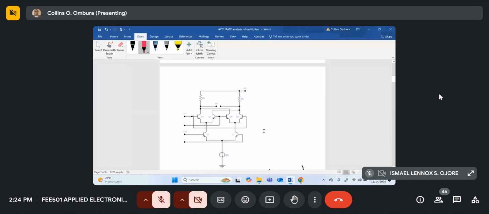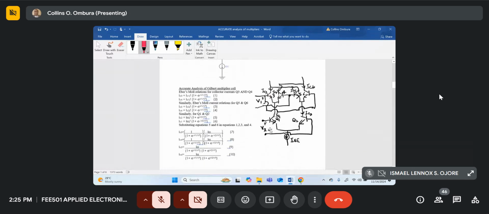So we'll analyze this circuit using the Ebers-Moll current relationship between the collector currents of a transistor and the voltages at the input of the transistor. So let's look at this circuit. If we apply the Ebers-Moll current relationship to Q1, Q3, Q4, Q5, Q6, and Q2, you'll get this relation.